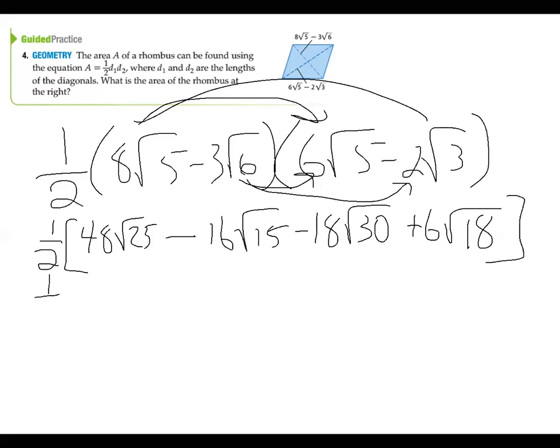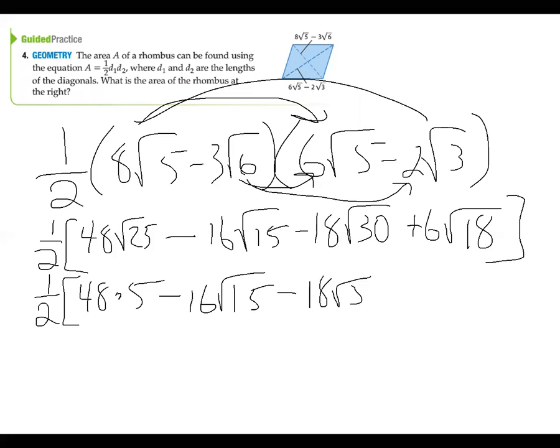Okay, so that would be 1/2 48 times 5 minus 16 square root 15. 30 has no perfect square factors. 18 can be thought of as 9 times 2.